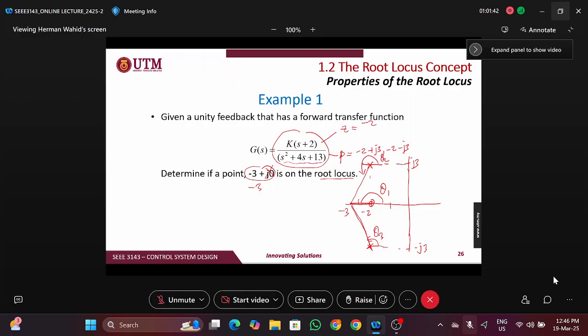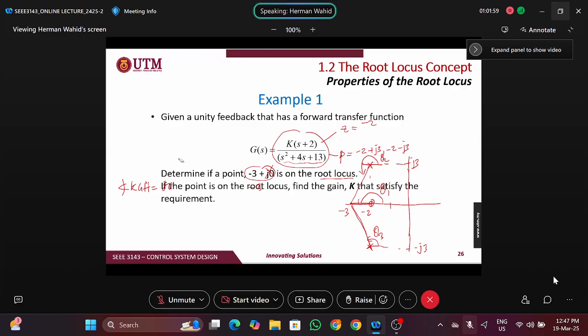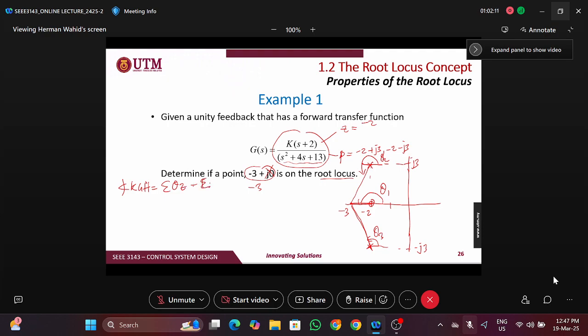Okay. So if we use the angle criteria, so angle of GH is equal to 180 degrees. We haven't decided yet. So we remove this one. Oh, why is my eraser not working here? K times GH is equal to the summation of the zero angles minus the summation of the pole angles.